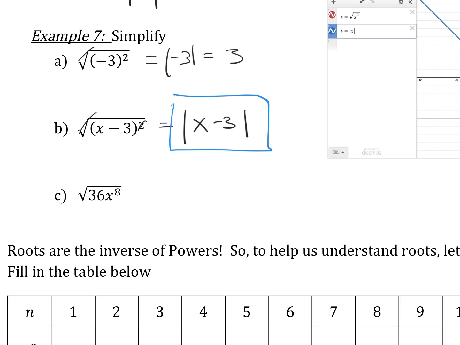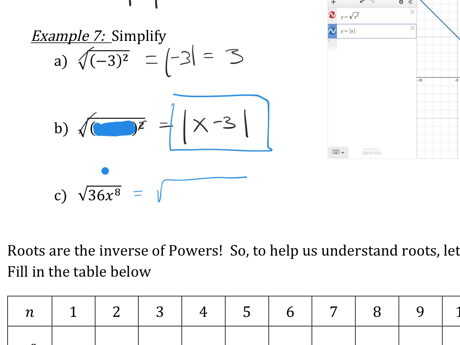Well, what's going to go on here is we need to rewrite this a little bit. And let's notice what's going on here, okay? Up top here, I'm going to put a big blue blob there. We've got the square root of big blue blob squared. And what happened? Well, the square root canceled with the square, and we end up with the absolute value of the big blue blob.